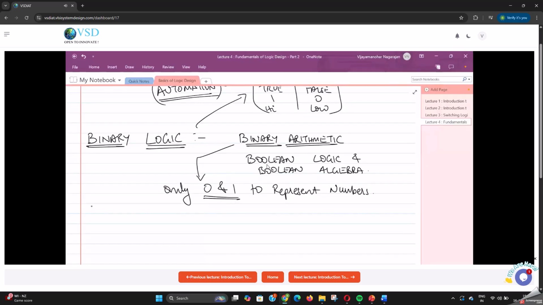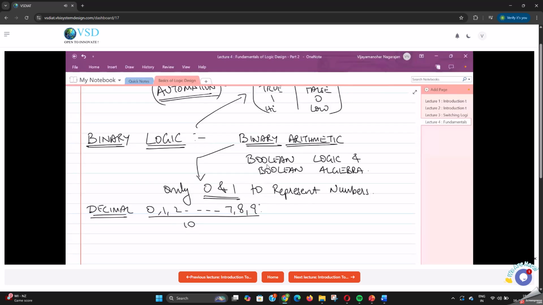For example, the conventional number system, whatever we are using, is called decimal arithmetic, correct? Decimal number system. Why is it the decimal number system? We use 0, 1, 2, and so on all the way till 7, 8, 9, correct? You have 10 representations of the numbers, 0 to 9. So all the numbers are represented using the digits 0 to 9.